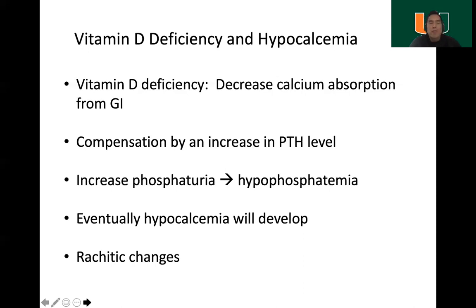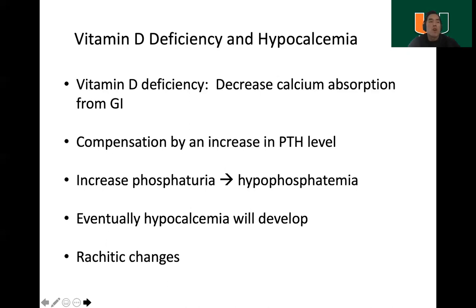This is probably the only area where exclusive breastfeeding can cause vitamin D deficiency. This is why the American Academy of Pediatrics recommends vitamin D supplementation in infants who are exclusively breastfed. Remember, this is a number 1 recommendation: infants that are exclusively breastfed need to have vitamin D supplementation.